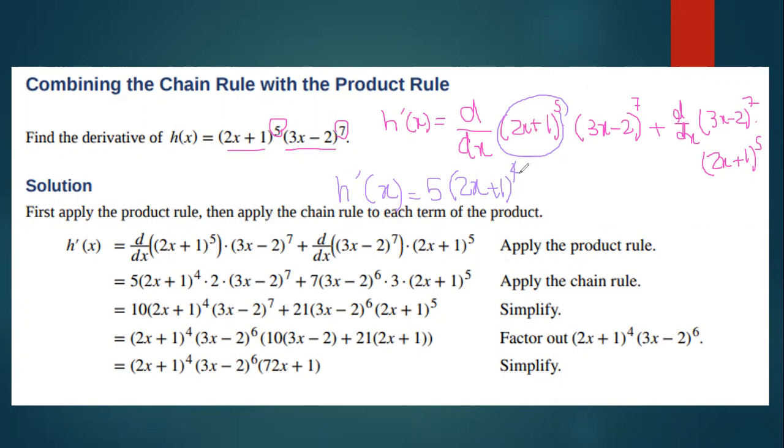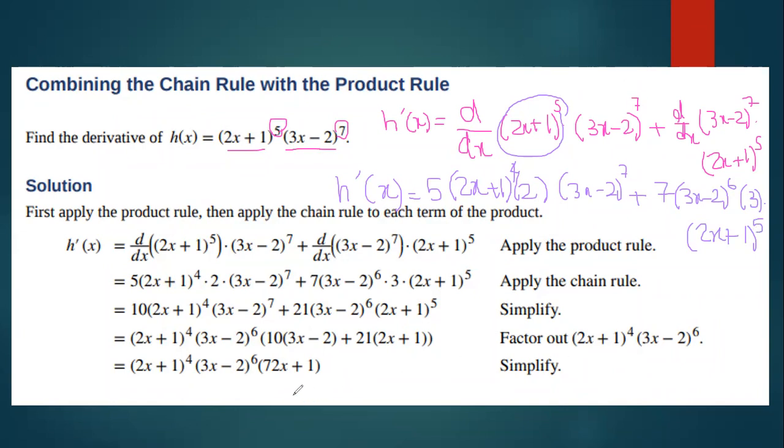The derivative of 2x plus 1 will be 2, then this will be (3x minus 2) whole power 7, plus 7, then (3x minus 2), 7 minus 1, this will be 6, and then it will be 3, then it will be (2x plus 1) whole power 5.